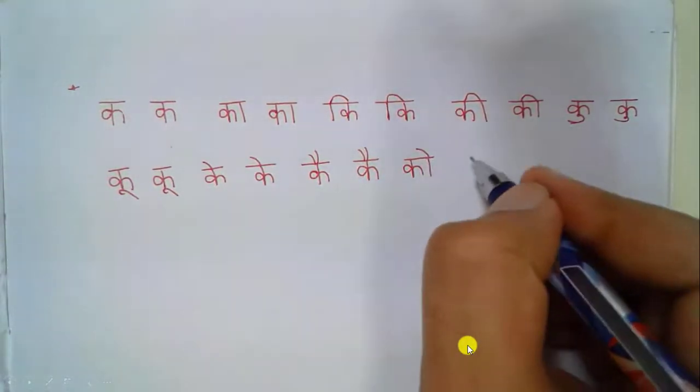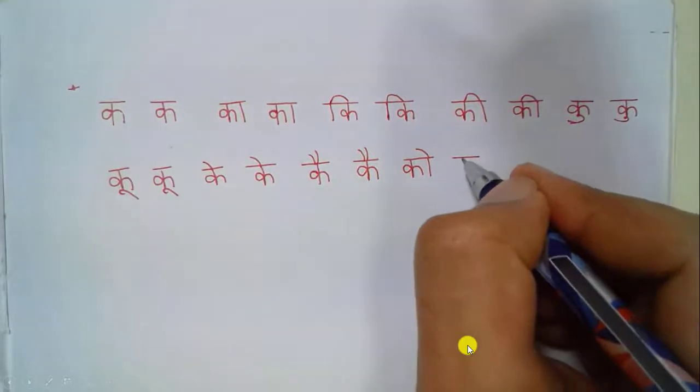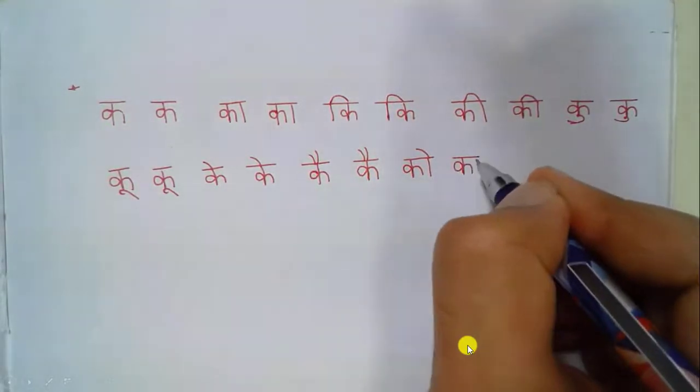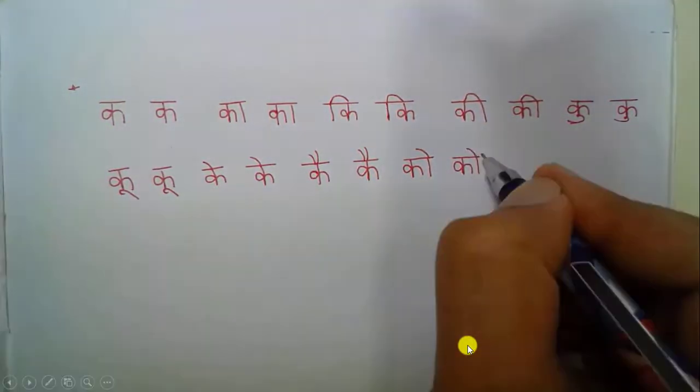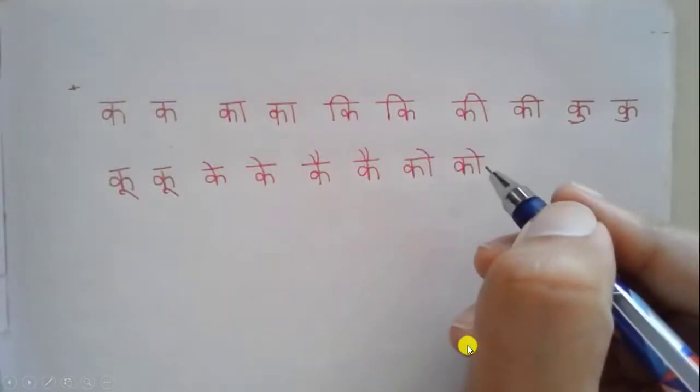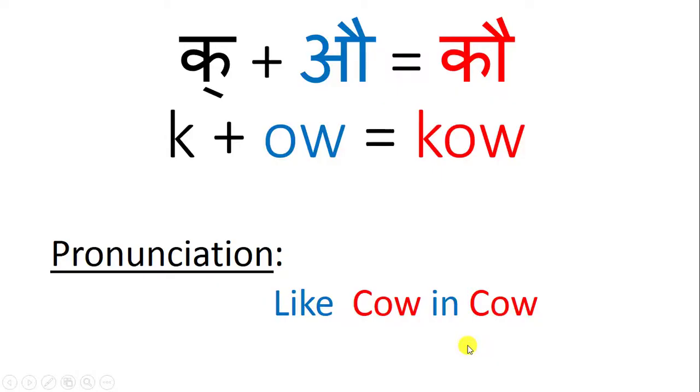Okay. Once again, like this. Okay. Cool. Next is cow. You get this sound cow when you add K to ow. K plus ow equals cow. You pronounce it straightforward as cow, the animal.